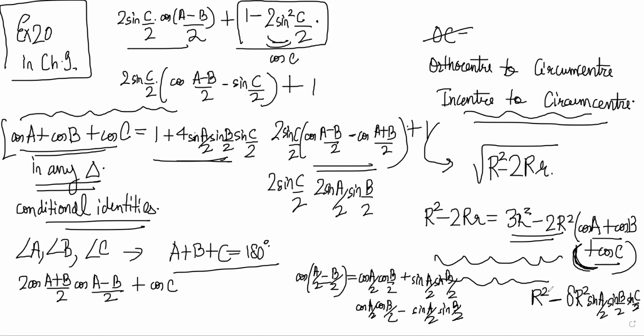Now this part you can simplify because 8r square can be written as 4r into 2r, right? And 4r sine a by 2 sine b by 2 sine c by 2 is simply small r. So this is r square minus 2 capital R, right?